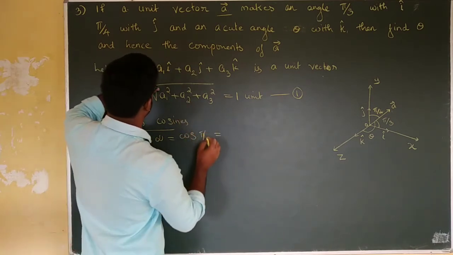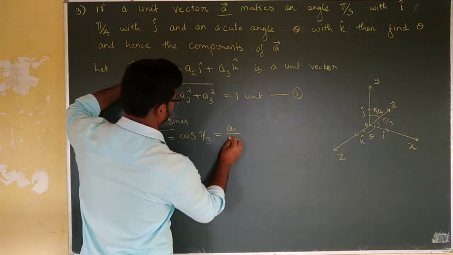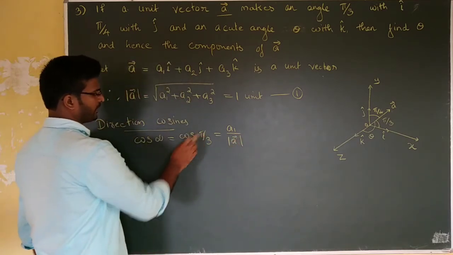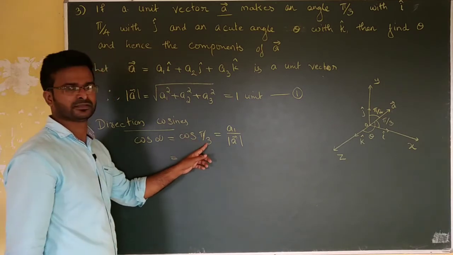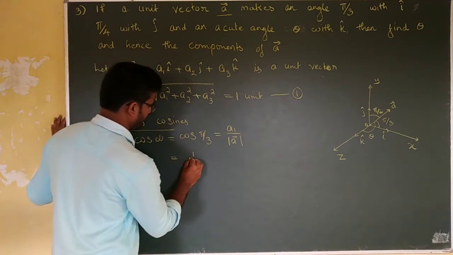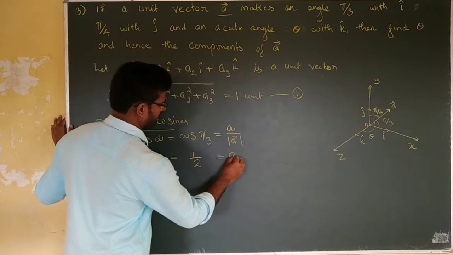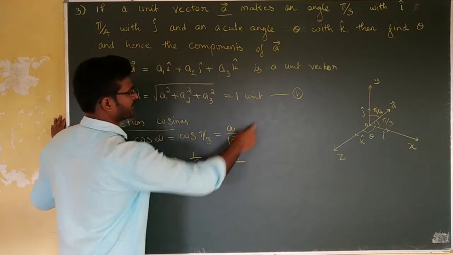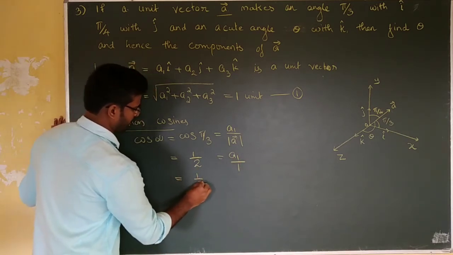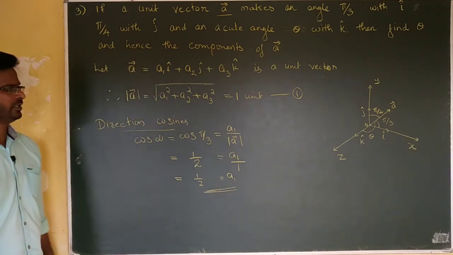Here x is the scalar component of I, that is a1, divided by modulus of A vector. Cos pi by 3, pi by 3 means 60 degrees, isn't it? Cos 60 value is 1 by 2, equal to a1 divided by magnitude of A vector, which is 1 unit. Then 1 by 2 equals a1. We got a1 equal to 1 by 2.